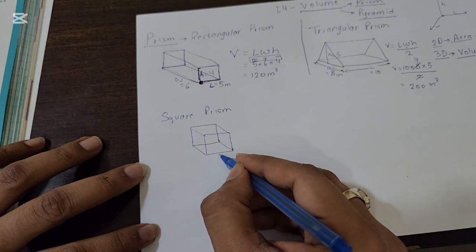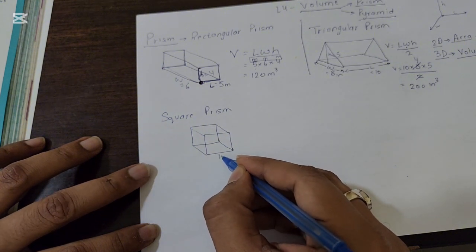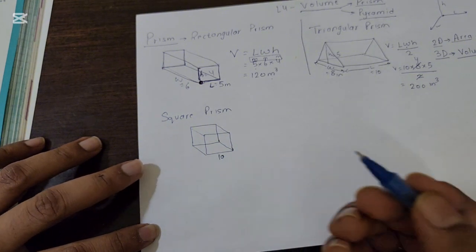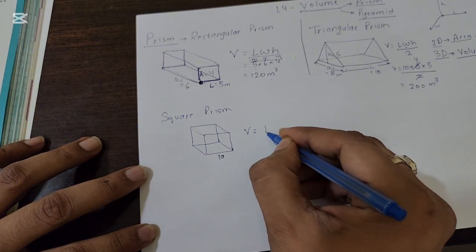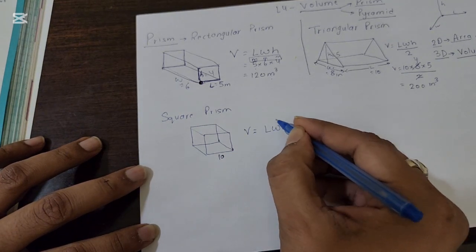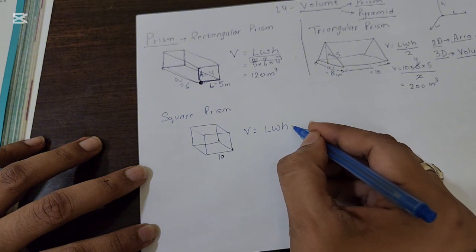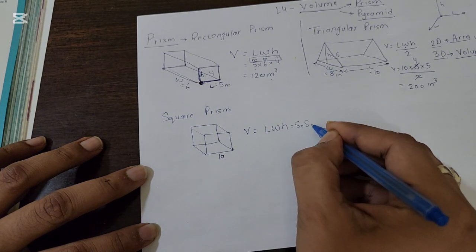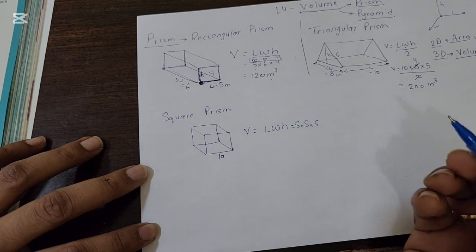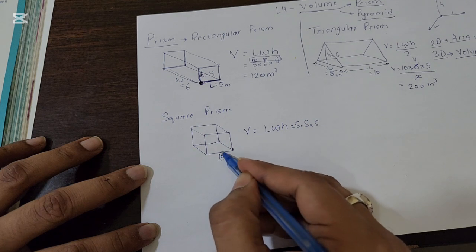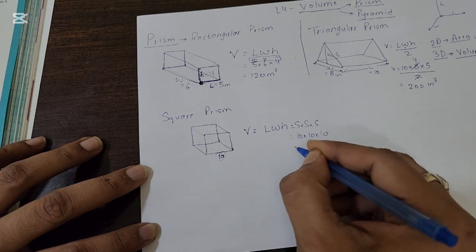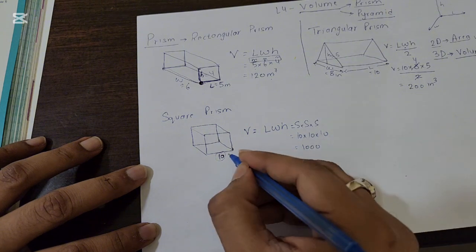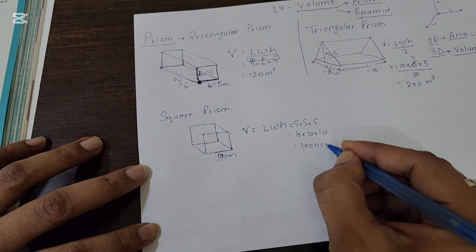He will simply say that each side is, let's say, 10. The volume formula is the same as LWH, but because they are the same here, we write S times S times S, side times side times side. What is the side? 10. So simple, 10 times 10 times 10 is 1000. Let's say this is centimeters, so centimeter cube.